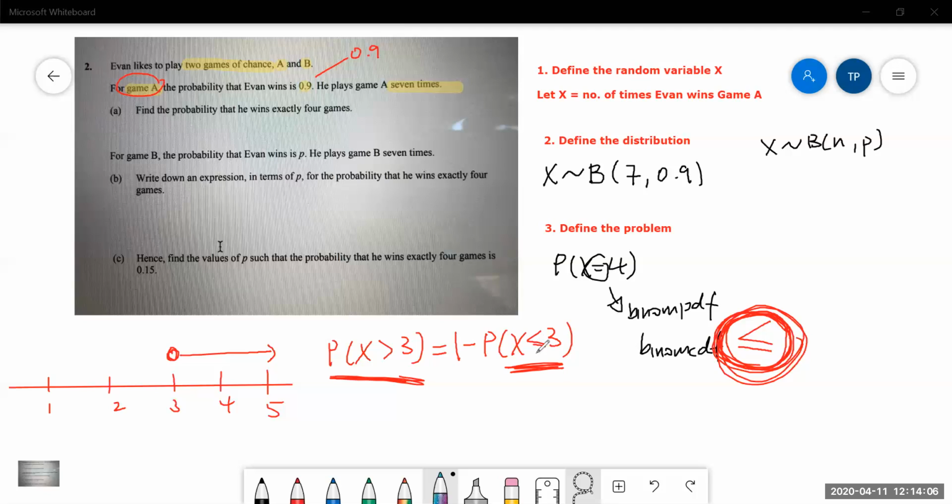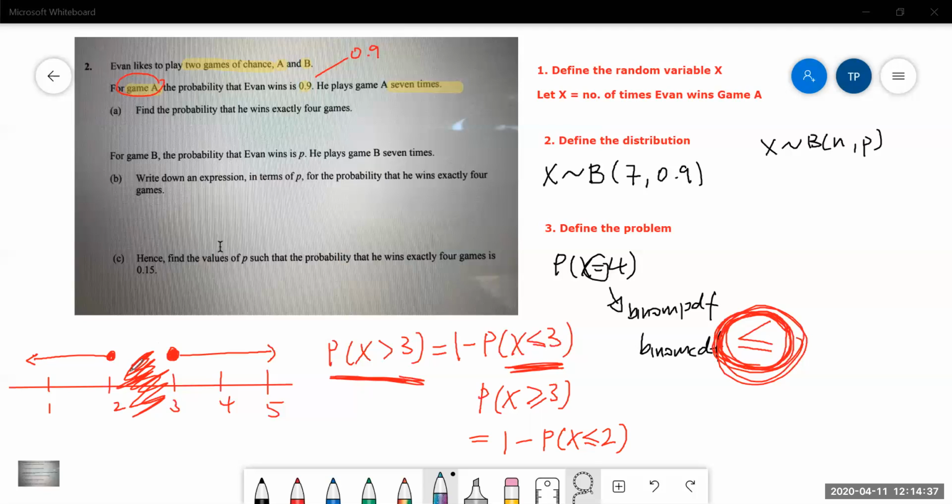Understand? So let's say, for instance, if I have P of X greater than or equal to 3, it will be 1 minus the probability of X less than or equal to 2. Make sense? Because X greater than or equal to 3 means now this will be a solid, so I have to subtract this side onwards. Some students will ask, hey, Kenny, then what about the portion over here?